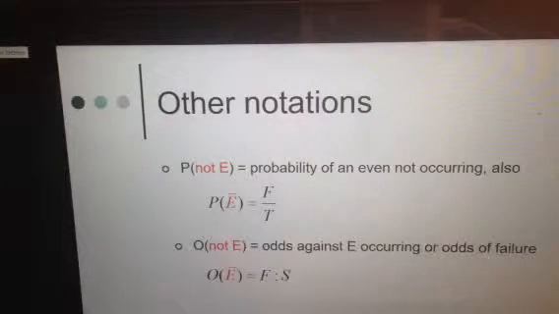The probability of not E is the probability of an event not occurring. So the probability of the complement of E is the failures over the total. The odds of E complement is the ratio of the failures to the successes.